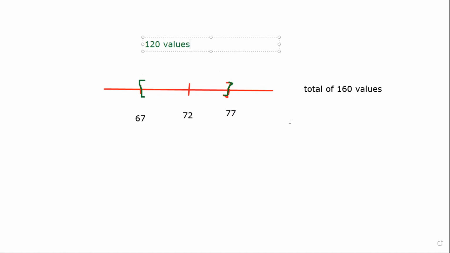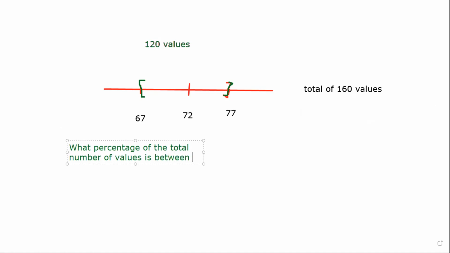So now let's think about this. I'm going to ask you a question here. So what percentage, and this you can get from the information they gave you, what percentage of the total number of values is between 67 and 77?